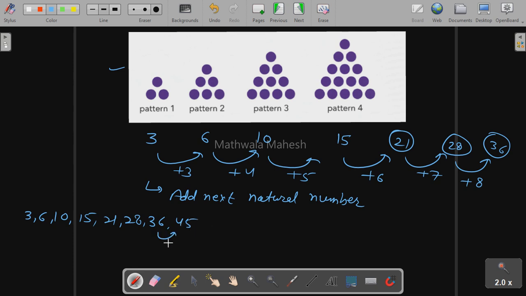Then add 10, I will get 55. Add plus 11, 66, plus 12, which is 78, plus 13, which is 91.